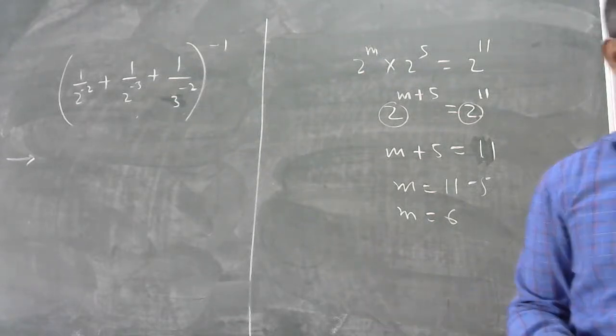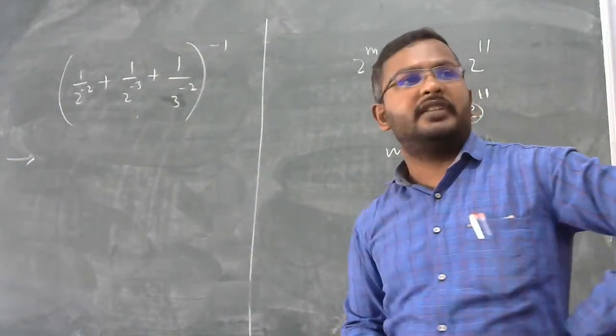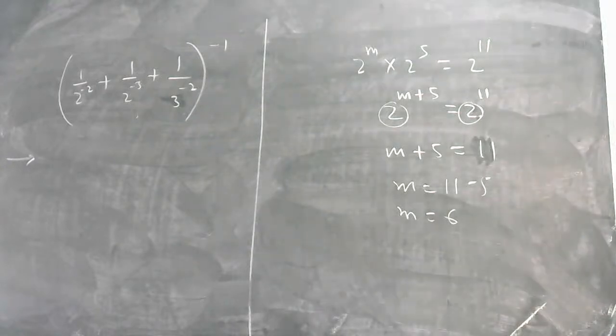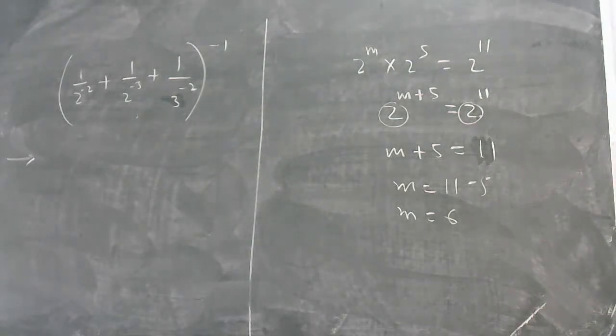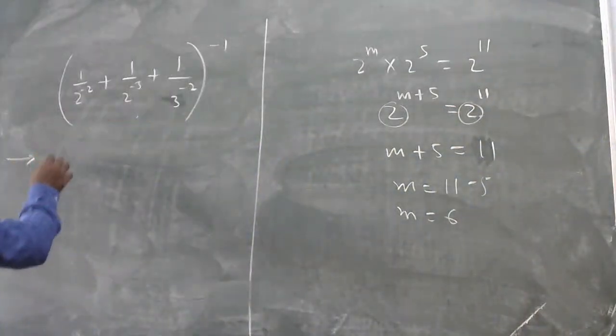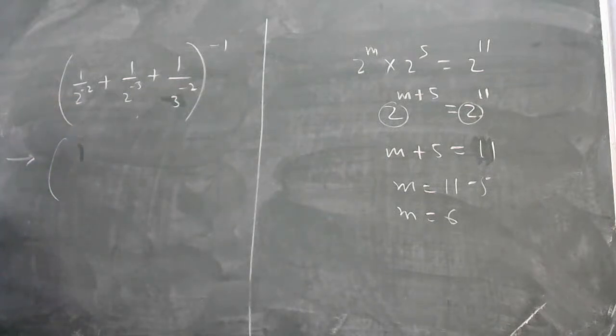Take the reciprocal. Whenever your powers are negative, first you make them positive by taking the reciprocal. So how much will you get? 1 by 2 to the power of minus 2 will be 2 to the power of 2 divided by 1.